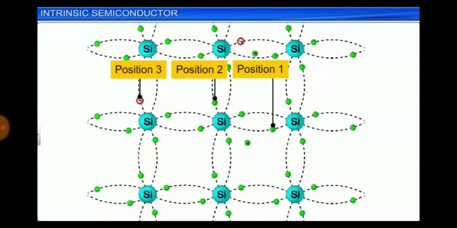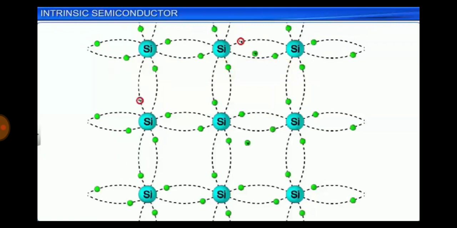Keep it in your mind, children. The movement of holes only occurs due to the electric field. Clear? There is no relation between the free electrons and the holes. Clear?